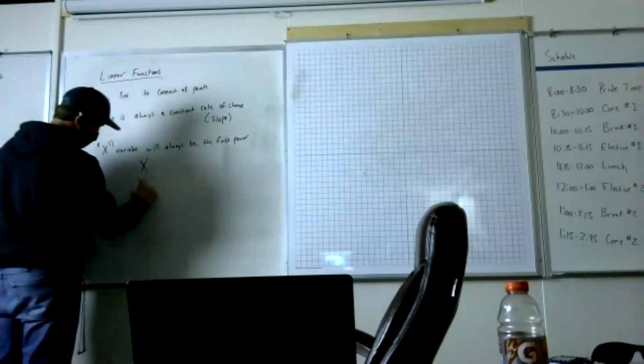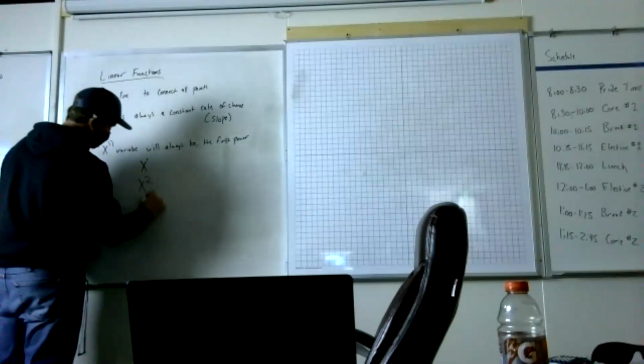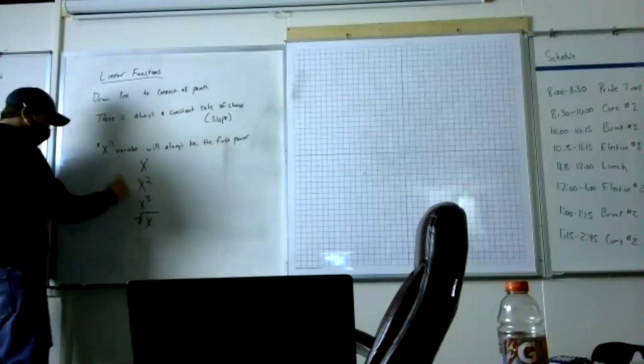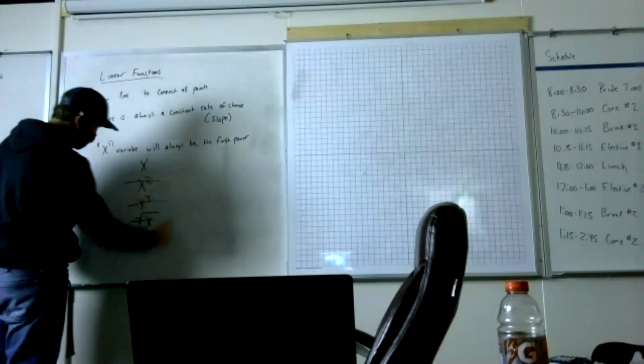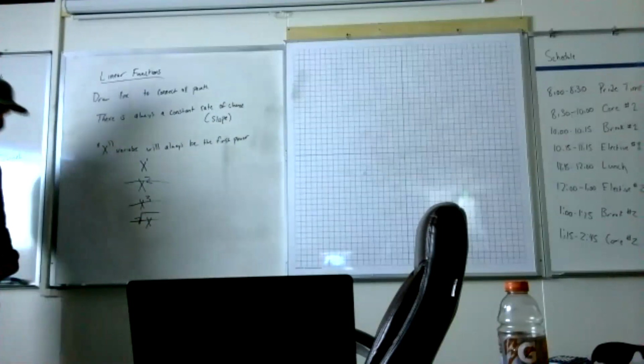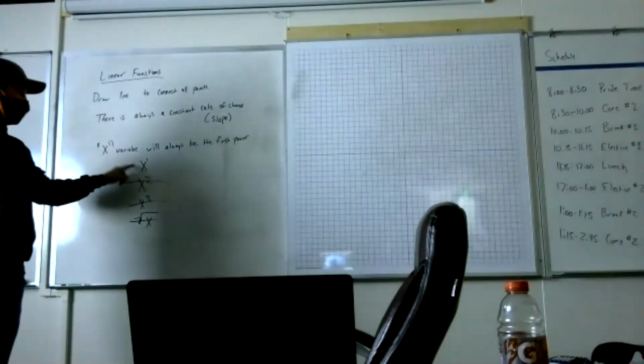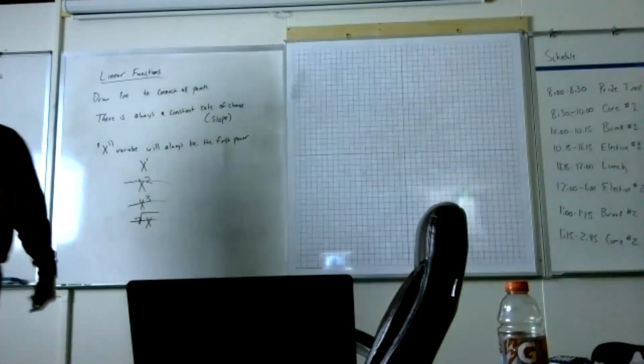You're not going to see x squared, x cubed, square root of x, all of those are not linear functions. Those are nonlinear functions. X to the fourth, once again, the exponent will always be to the first power, or it'll just be stated as x.